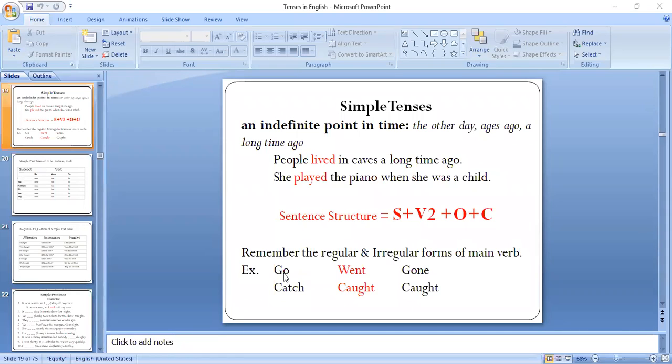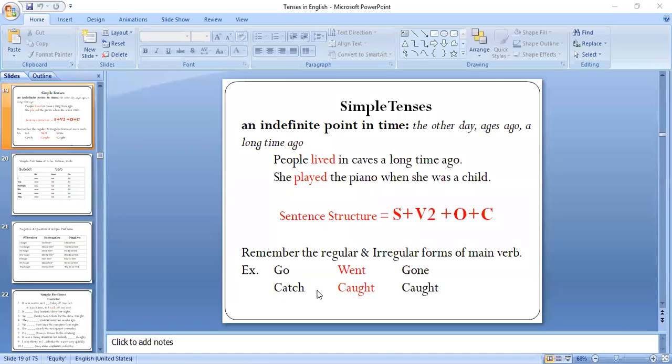It is because when we use its second form, or its past, we add the ed suffix to that verb. That is leave, leaved, leaved. Speak, speaked, no, speak is not a regular type of verb, it is irregular.